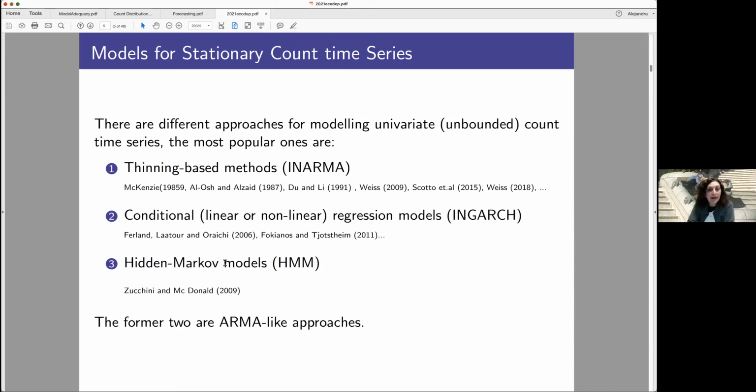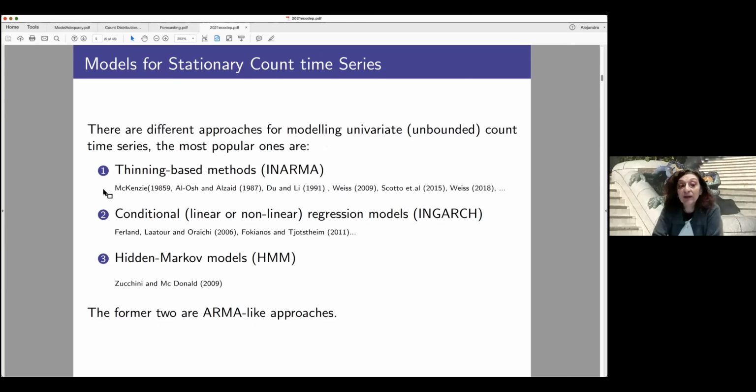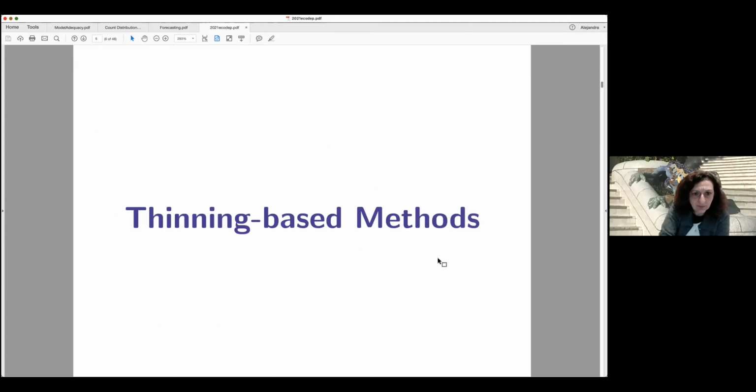And there are another two methods that try to mimic somehow the Box-Jenkins ARMA setup. And these are the thinning-based methods and the conditional regression models. And these are the ones that we are going to study here. Okay, so let's begin with the thinning-based methods.